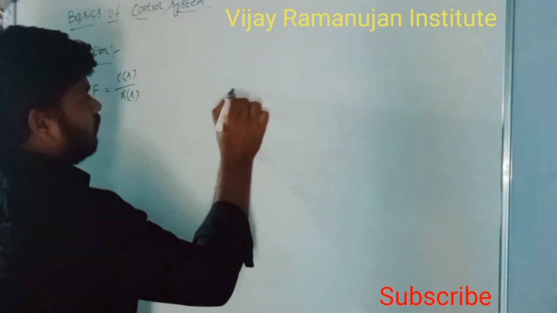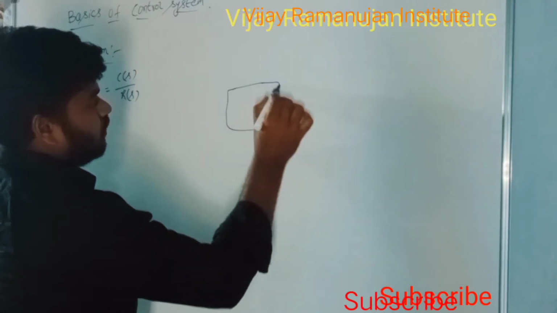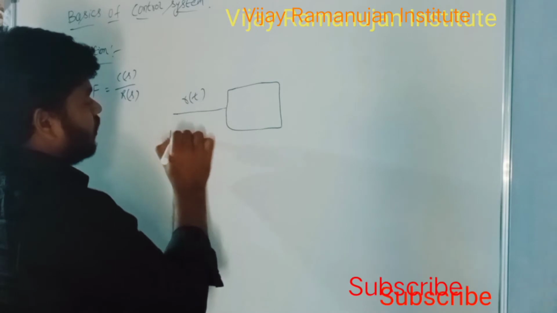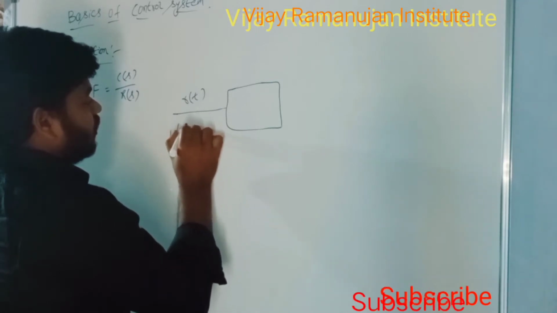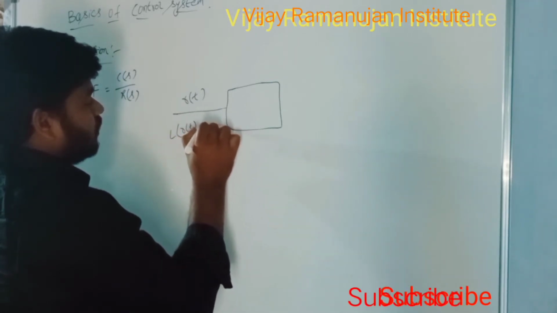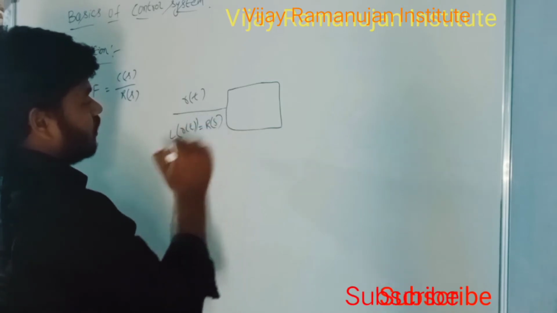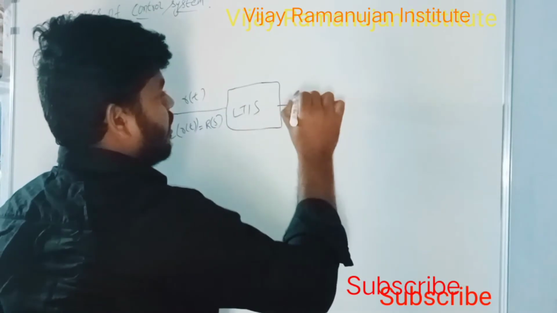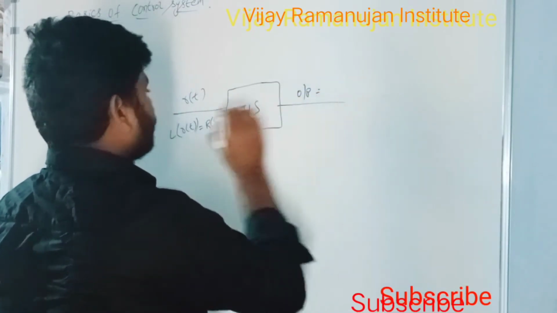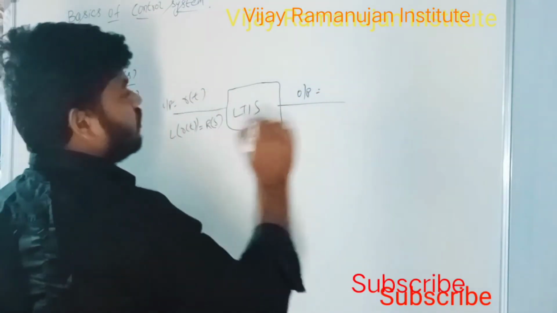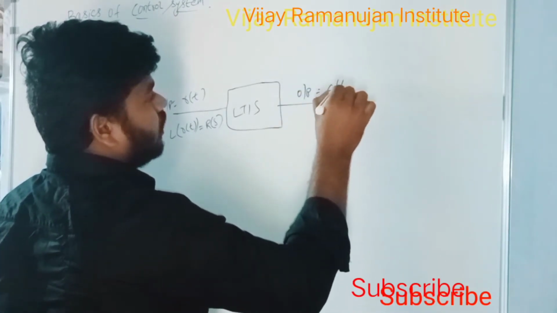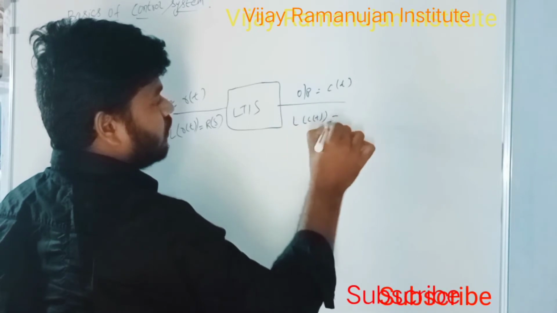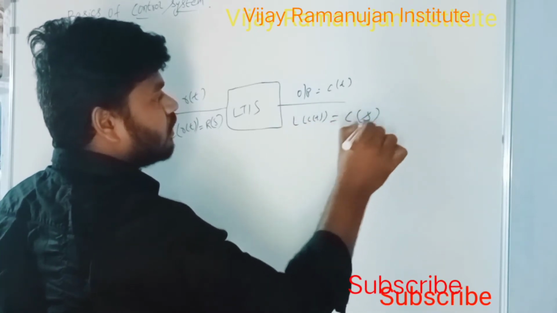Now we have to recall first of all the diagram. Here we have r(t); Laplace transform of r(t) is equal to R(s). Next, linear time invariant system. Output will be c(t); Laplace transform of c(t) will be C(s).